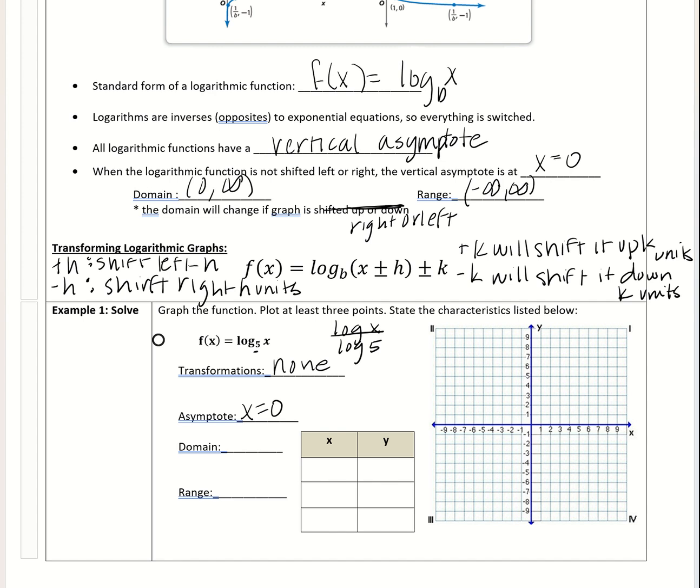Also, if at all possible, you want to use the number that the base is so that we can get log base 5 of 5, because log base 5 of 5 is just 1.